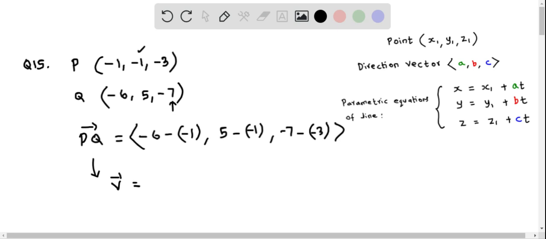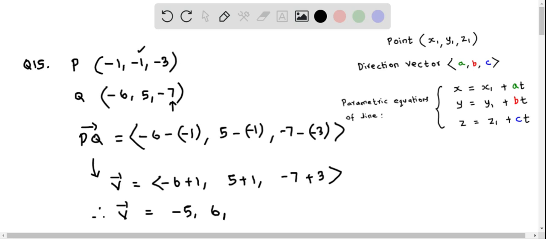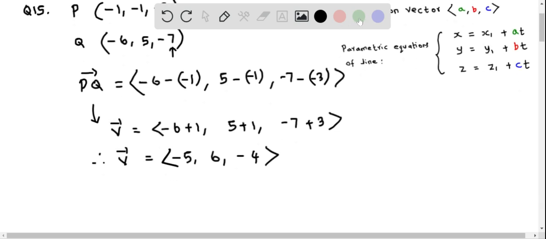This is -6 + 1, 5 + 1, and -7 + 3. Let's simplify this. V = <-5, 6, -4>. We can denote this by a, b, and c, so a = -5, b = 6, and c = -4.